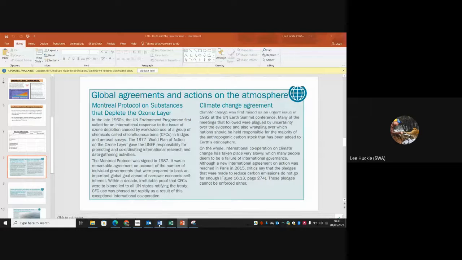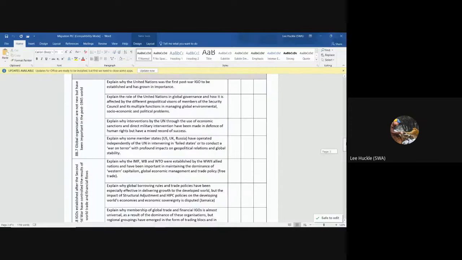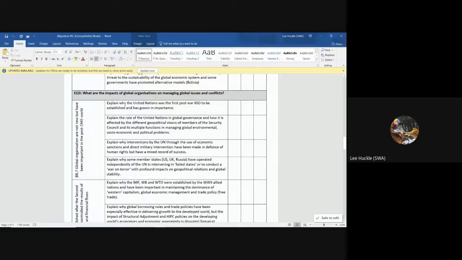If we return back to the checklist, so where do we begin? There is your overall EQ3 question. The lessons, as you now will see, focused on, in particular, first of all, global organisations are not new, but have been important in the post-1945 world.